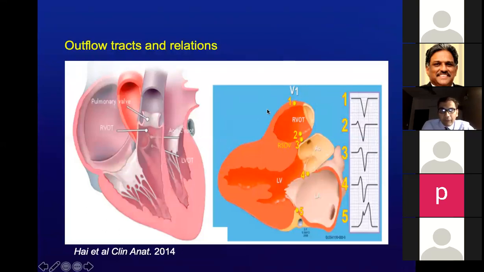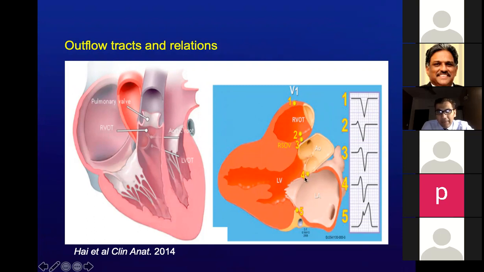So if you imagine we take a cut section through the heart at this level, from anterior to posterior, you get the right ventricular outflow tract, anterior wall. You get the posterior wall of the right ventricular outflow tract. You get the aorta.